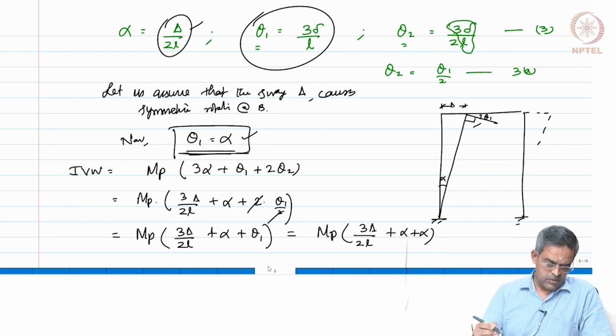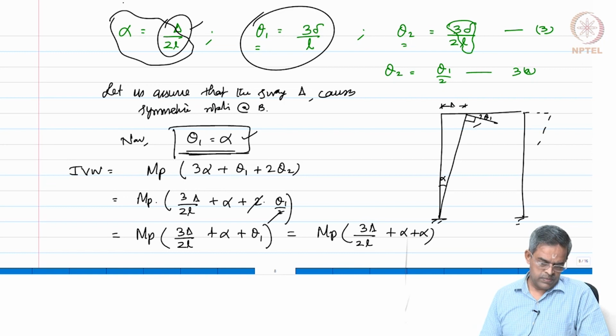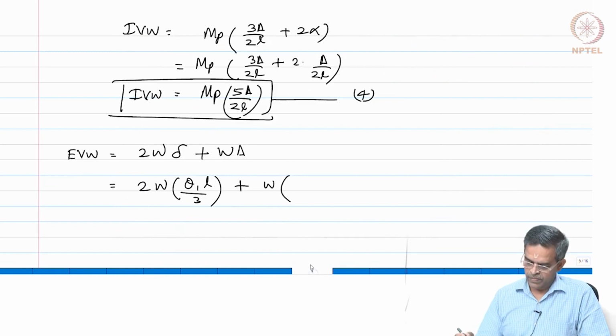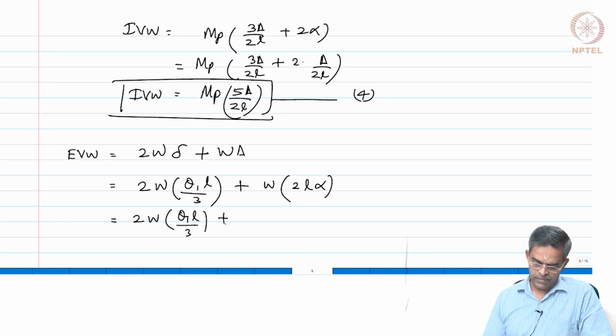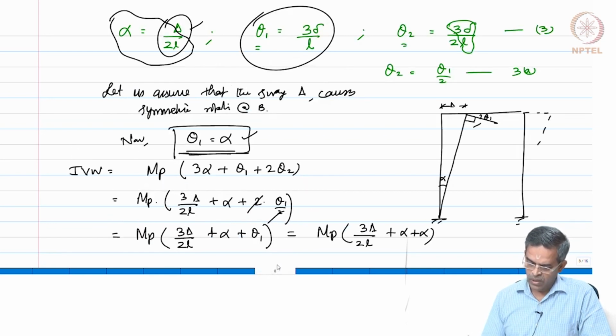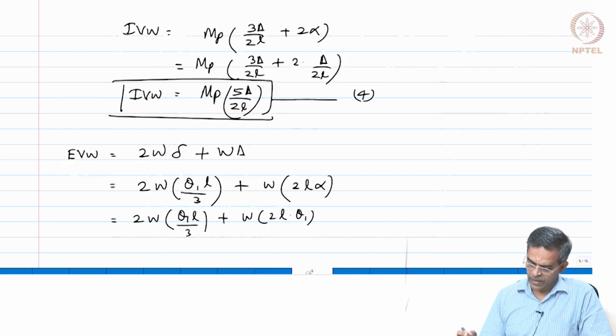Okay, plus W times of delta, which is 2L of alpha, which will now become 2W theta 1 L by 3 plus W 2L theta 1, because we know alpha and theta 1 are same, right.